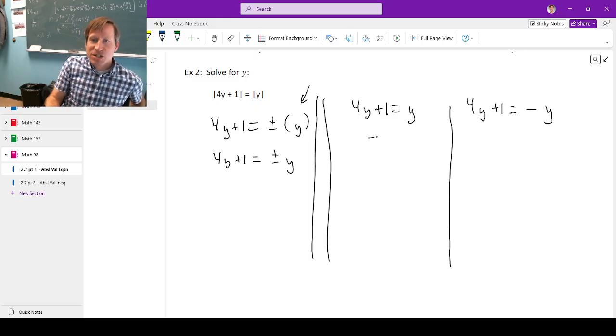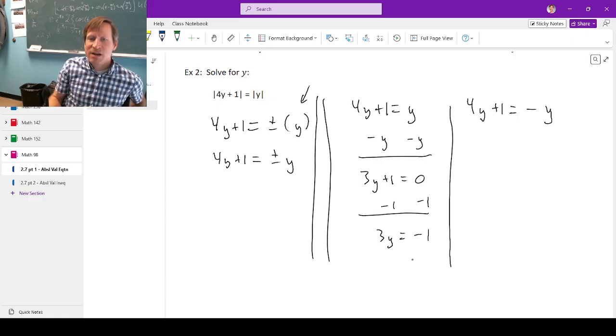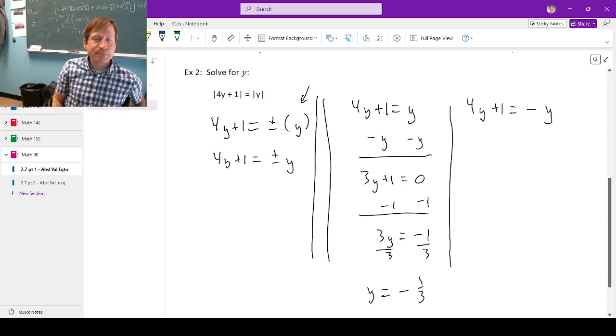For the first equation, let's subtract y from both sides. That gives us 3y plus 1 equals 0. Then we can subtract 1 from both sides. We get 3y equals minus 1. Then divide both sides by 3. We get y equals negative 1/3. So there's our first solution.